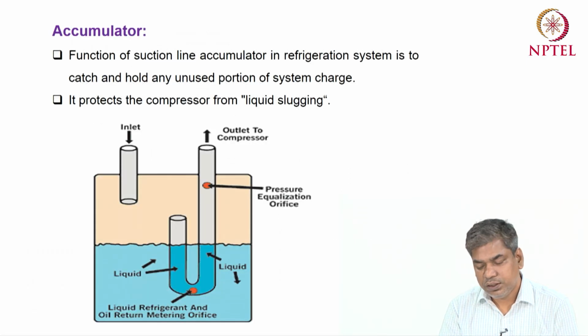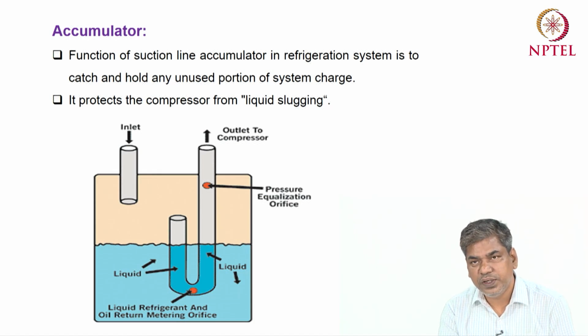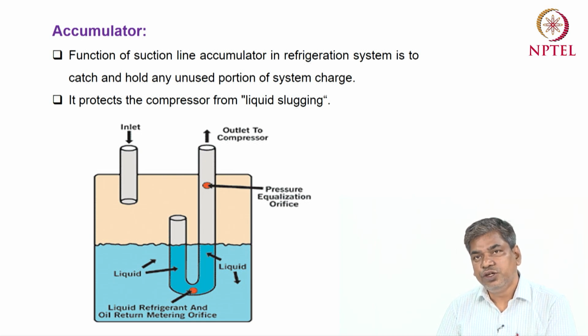So now we will discuss the components one by one. One very important component is the accumulator. The main function of the accumulator is to catch and hold the unused portion of the system charge, and it protects the compressor from liquid slugging.